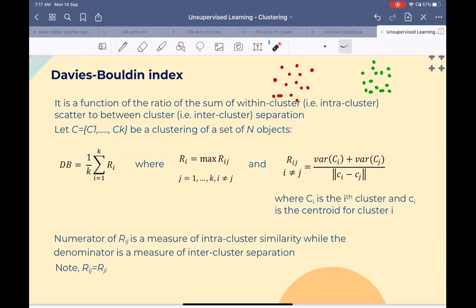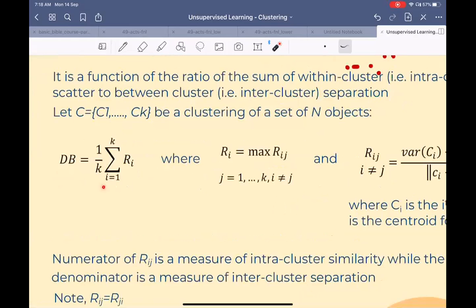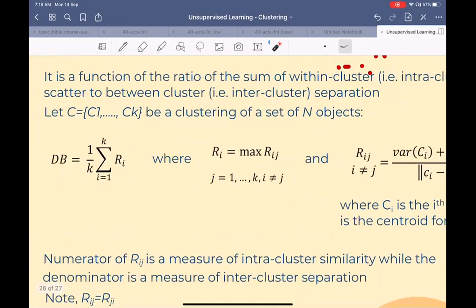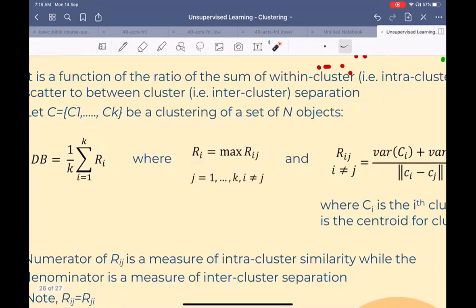Say we have C1, C2, C3 up to Ck as the different clusters of n objects. Here, let's say there are two clusters of approximately 25 different objects each. Then the Davies-Bouldin index is given by this formula: 1/k times the summation from i=1 to k of Ri, where Ri is the max of Rij.